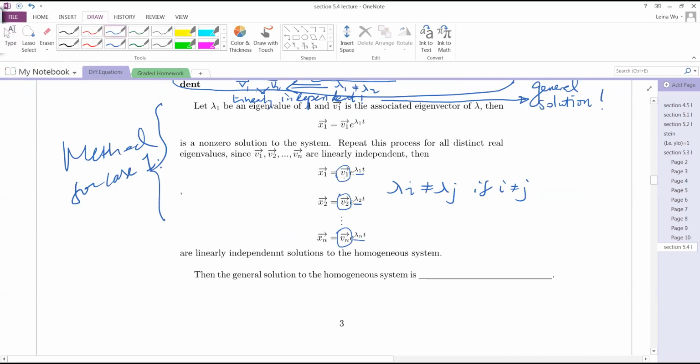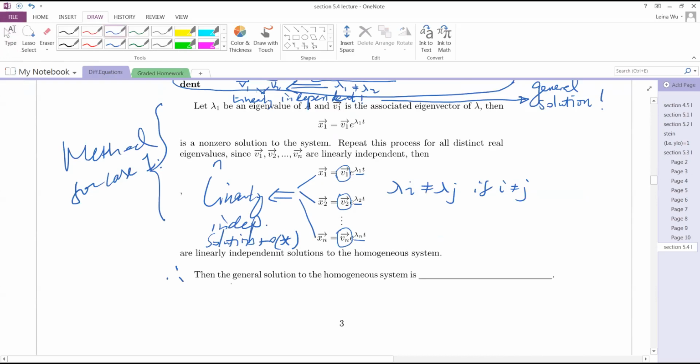Using v1, v2, up to vn, as well as lambda 1, lambda 2, up to lambda n, you can construct these individual solutions to the system. Due to the linear independence of v1, v2, up to vn, all of these solutions would be linearly independent. So we have n linearly independent solutions to the system star.